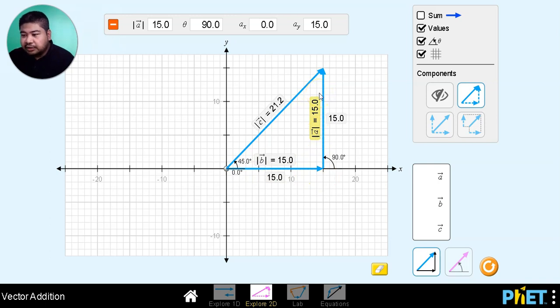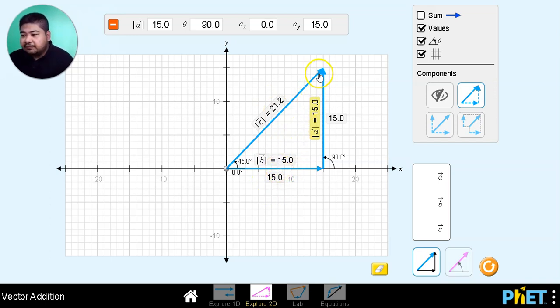The way we do it is by the SOHCAHTOA rules. If you want to find the magnitude of the horizontal, you can use cos. So cos of 45 is the horizontal component over the hypotenuse, and from there you can get the value of the horizontal component.